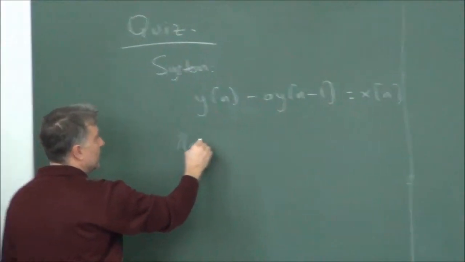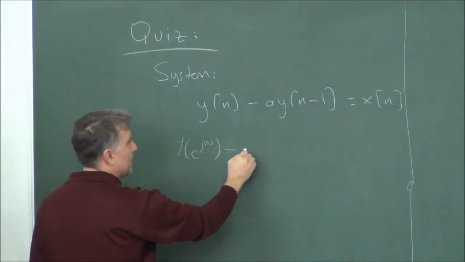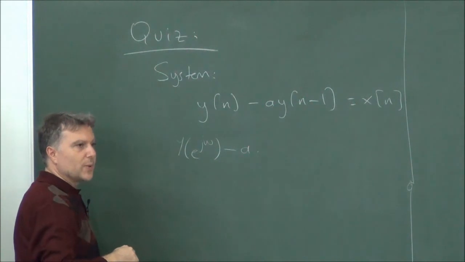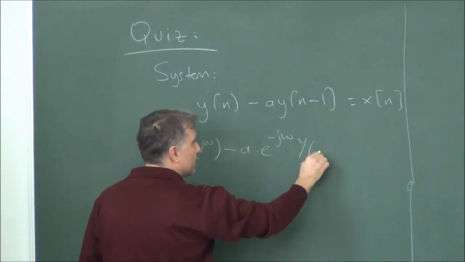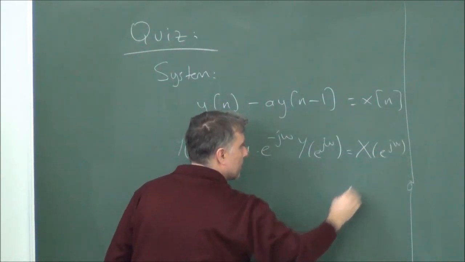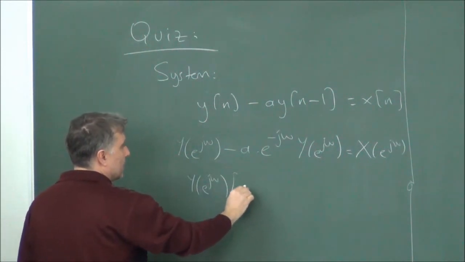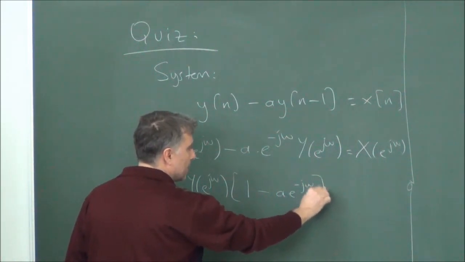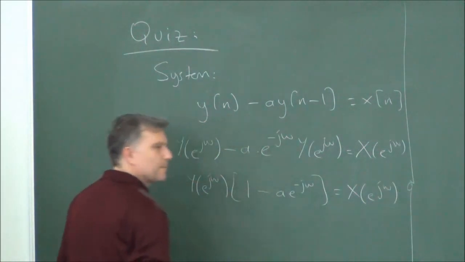Here we have Y of e to the j omega, which is the Fourier transform of y of n, minus a times the Fourier transform of y of n minus 1, which is e to the minus j omega times Y of e to the j omega, equal to X of e to the j omega. In a parenthesis of Y of e to the j omega, that makes 1 minus a times e to the minus j omega, equal to X of e to the j omega.